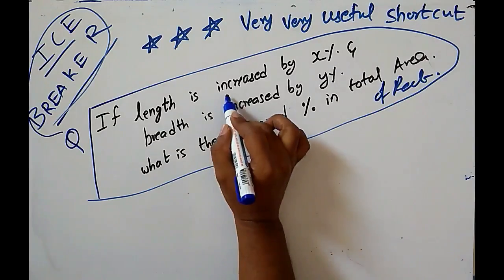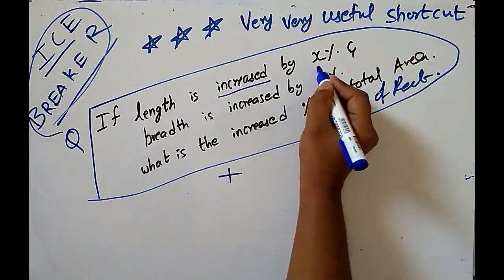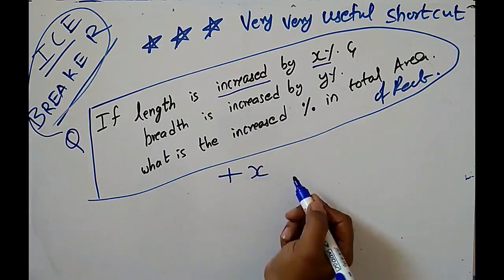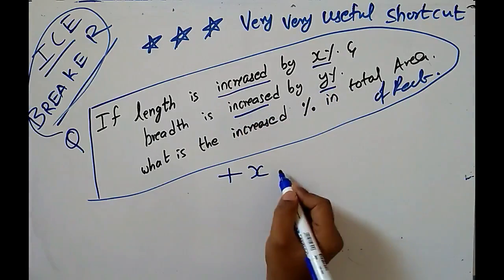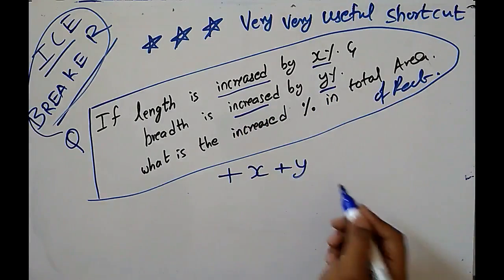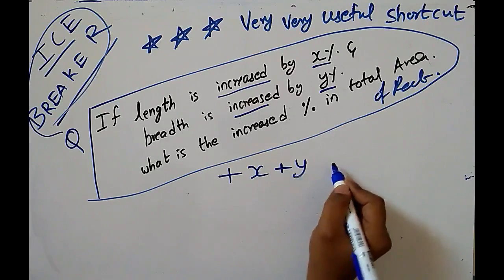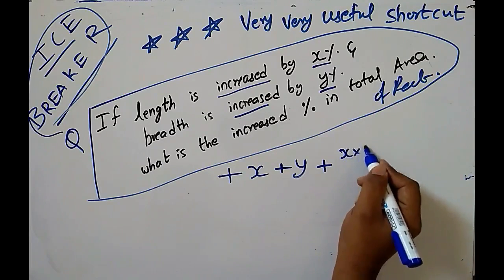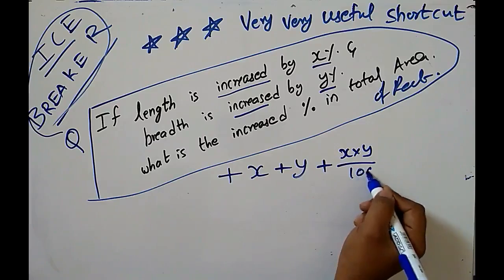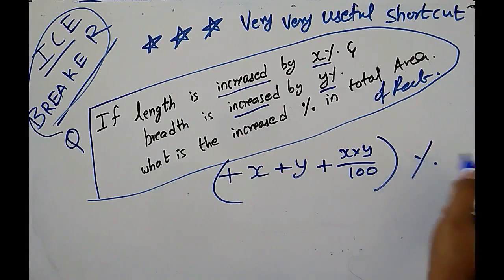Just simply, if it is increased here, put plus x, then increased by y, then you have to multiply plus x into plus y. We will get x plus y plus x into y by 100. This is the answer friends.